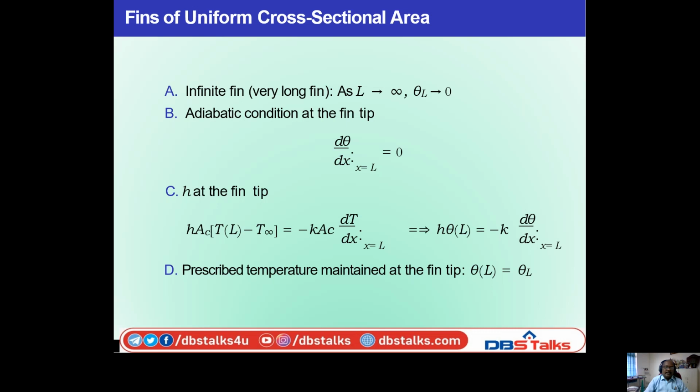If the fin is adiabatic, the tip is insulated, the derivative of theta becomes 0. When the fin tip is insulated, there is no heat transfer. Whether it is a minimum or maximum, the derivative will be 0. The third condition is convection heat transfer at the fin tip. And the fourth condition is a prescribed temperature maintained at the fin tip. Now first we will discuss the first two conditions. For these first two conditions, what will be the heat transfer?